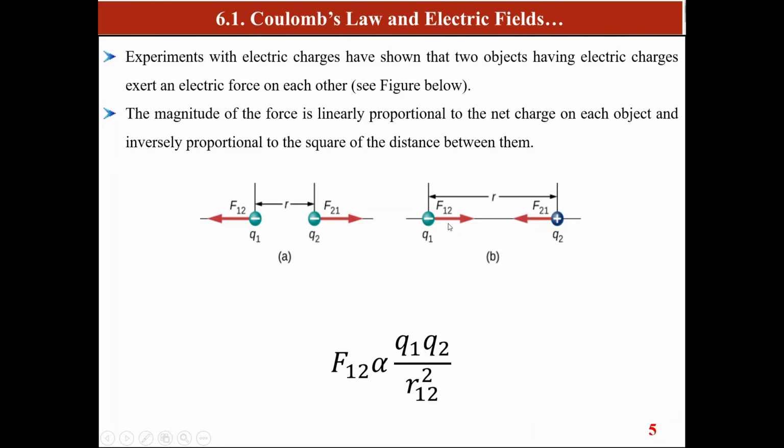Here in this case, this is a negative charge and this one is a positive charge, and this is F12 by charge 2. The forces are towards each other, showing they attract each other. Force F12 is directly proportional to the multiplication of the two charges, and inversely proportional to the square of the distance between the two charges.